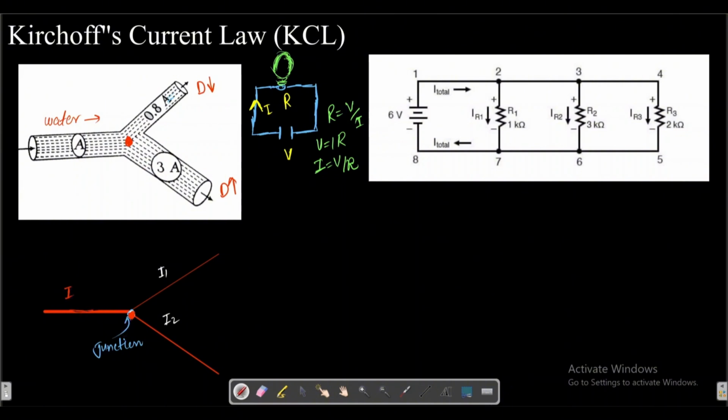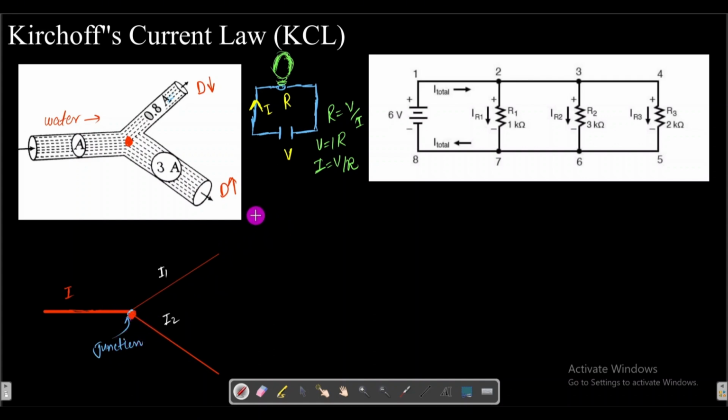Here the current enters toward this junction. At this junction, that current will be divided into I1 and I2, and the magnitude of each current will depend upon the diameter of the wires and also the resistor attached to them, but we will discuss that in more detail in this video.